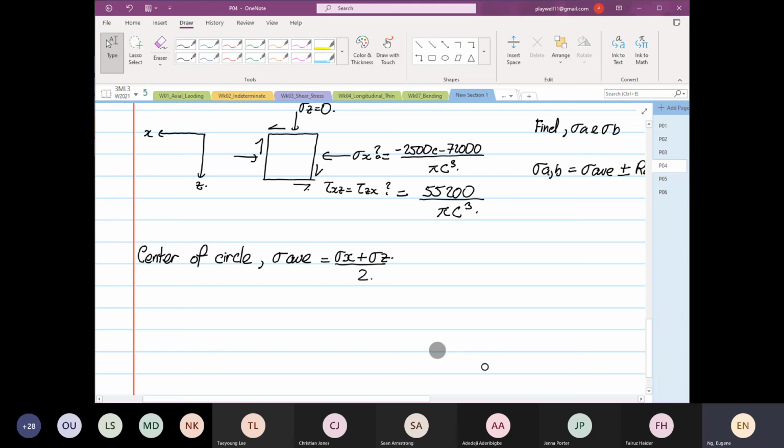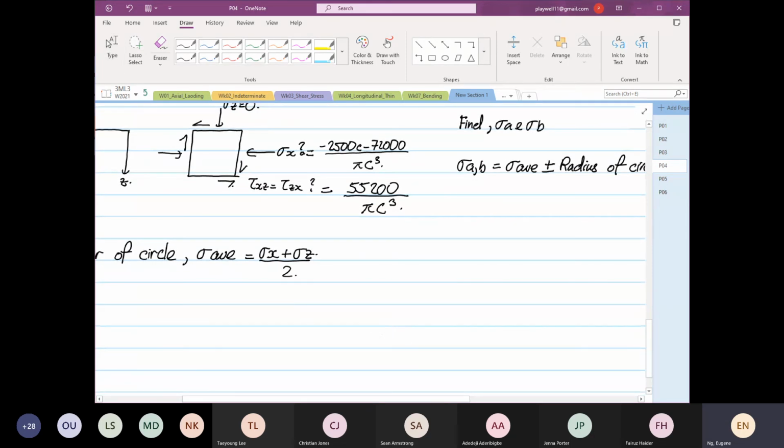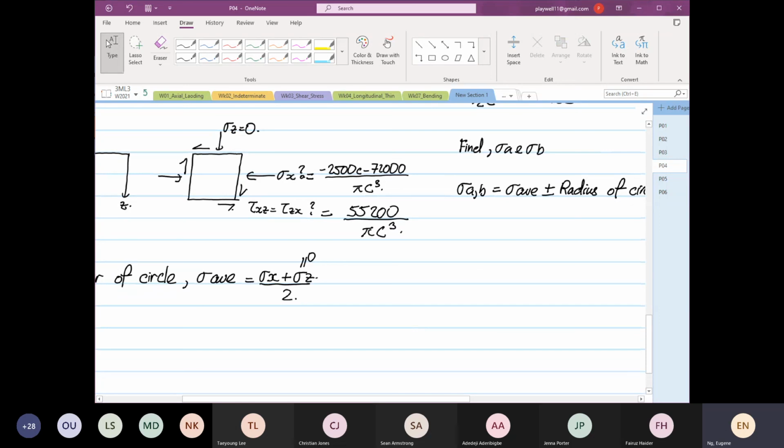We know that stress Z for this case is equal to 0, as you can see. So this is equal to minus 2500 c minus 72,000, and I just need to put a 2 down here, over pi c cubed. That's it. So that's the center of the circle.